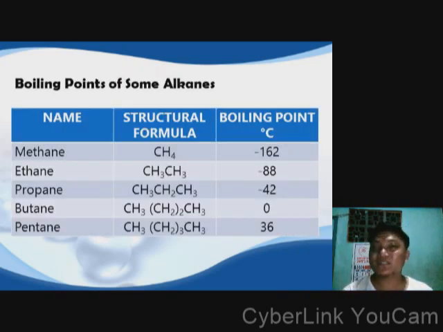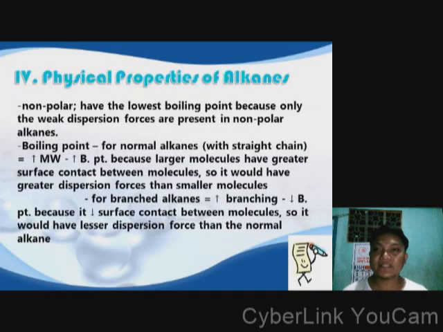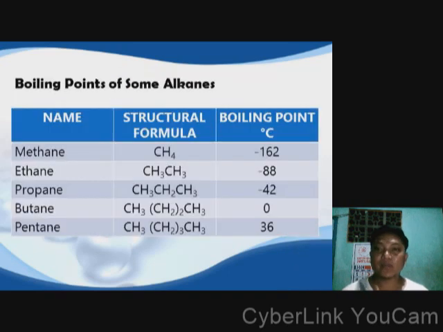Boiling point of some alkanes, of course. So, name is, and then structure and formula, and then your boiling point. Tignan nyo yung kanina, your statement there. Higher molecular weight has higher boiling point. Tignan nyo, your methane.